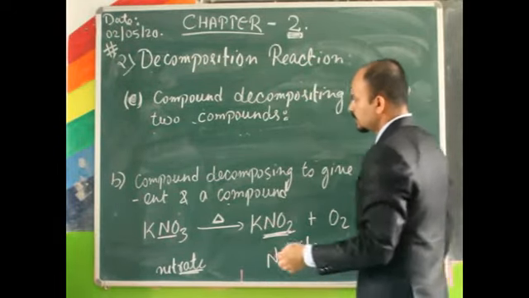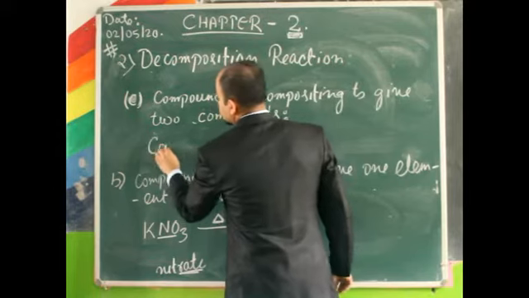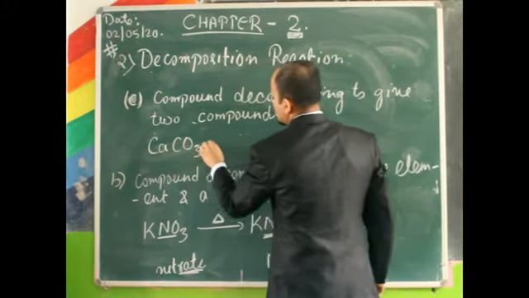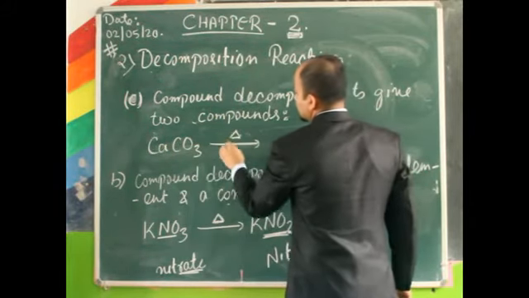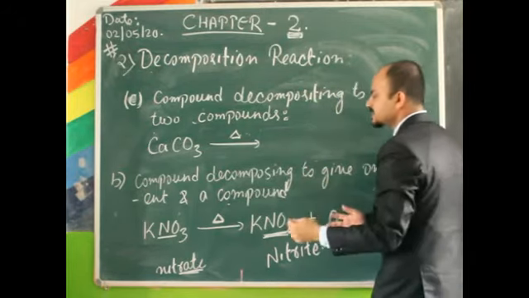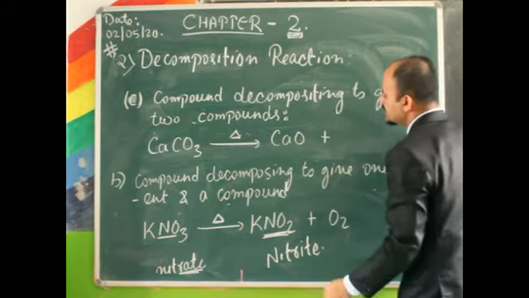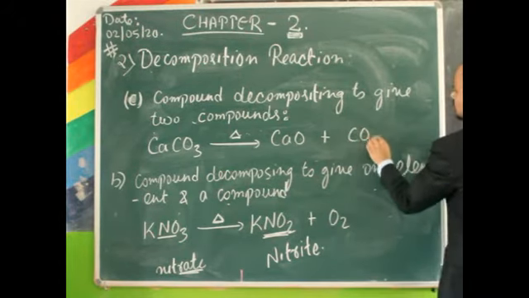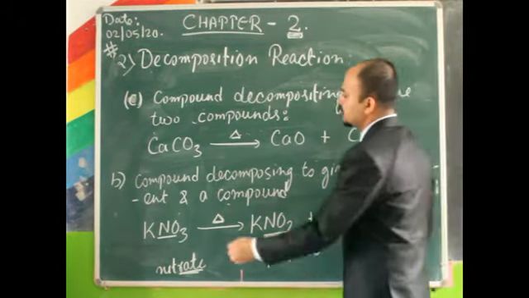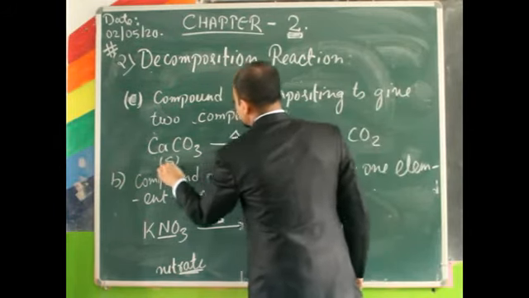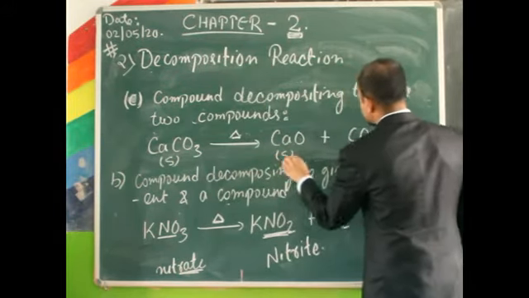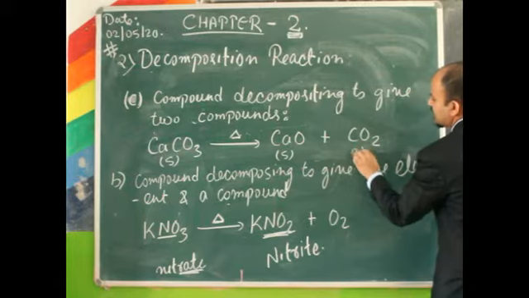Calcium carbonate, whenever it is heated, decomposes, it breaks up to give two different compounds, that is calcium oxide and carbon dioxide. So this is solid, this is also solid, and this, as you know, is gas.